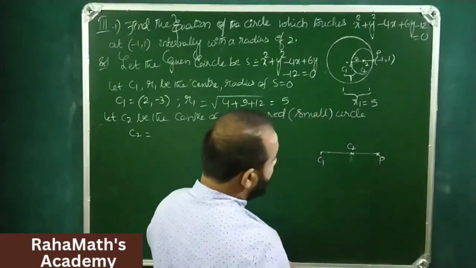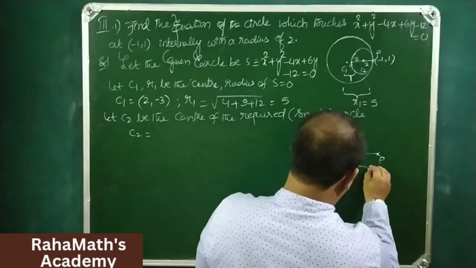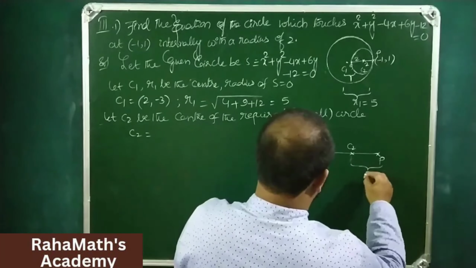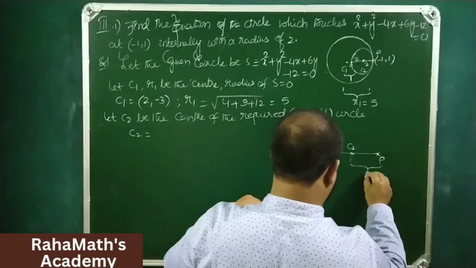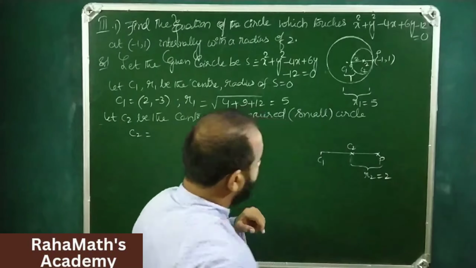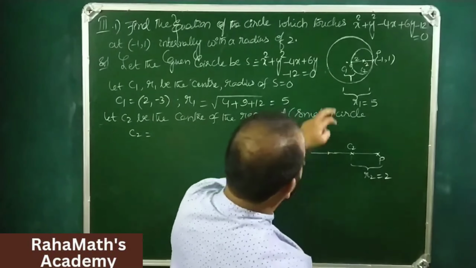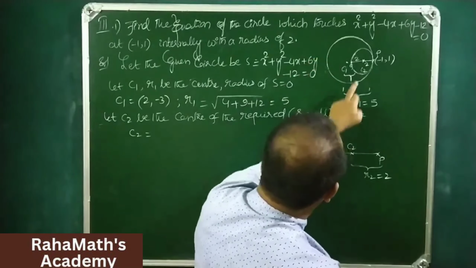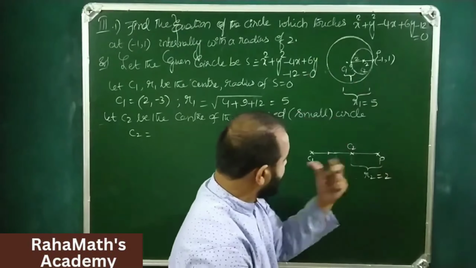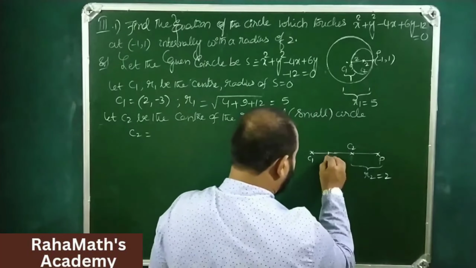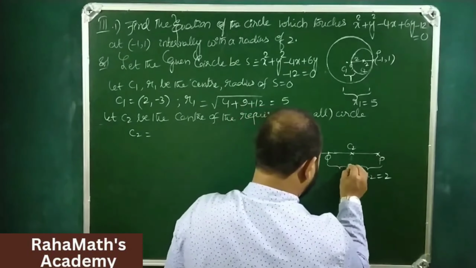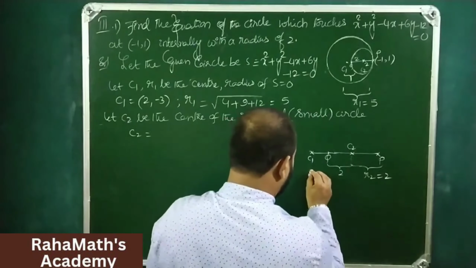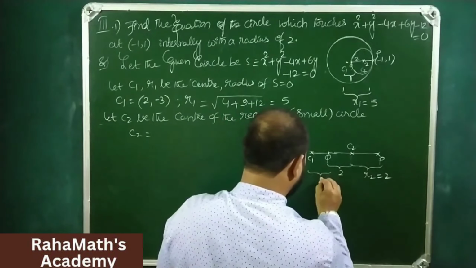This C2P is the radius of the small circle. That is how much? Radius of the small circle. So R2 is equals to 2, given. And see, this is C1 and this is C2. C2P is equals to 2 and this is for example Q. So this is also 2. And C1Q is how much? 1.